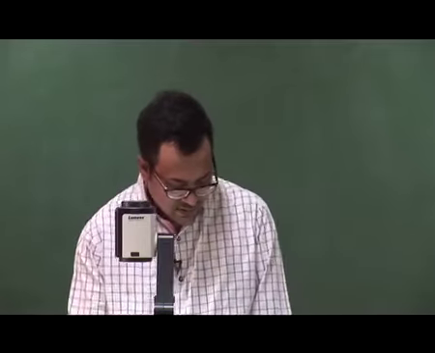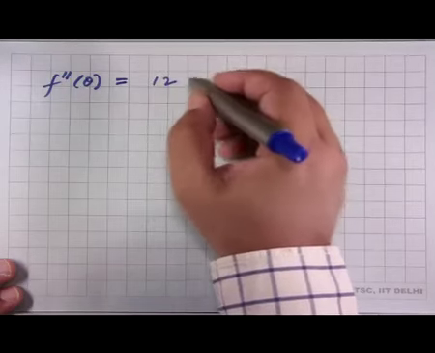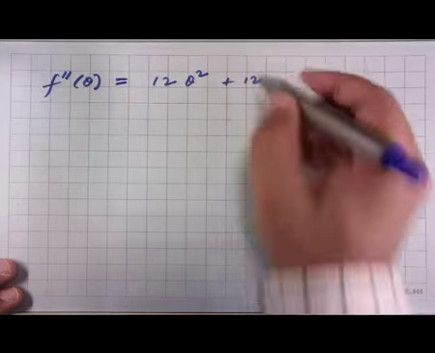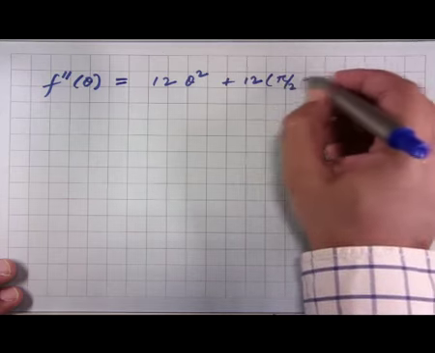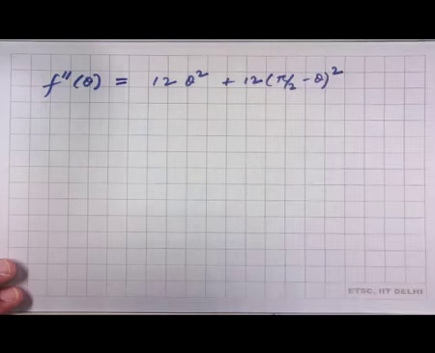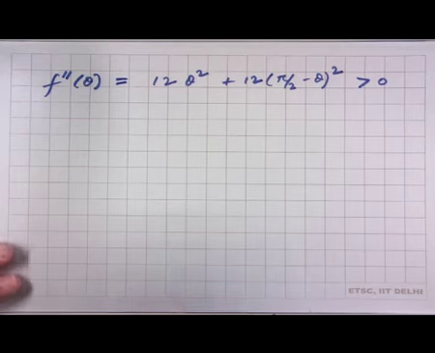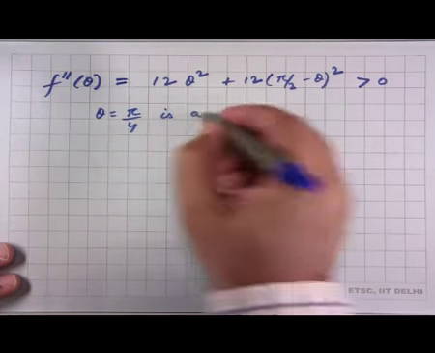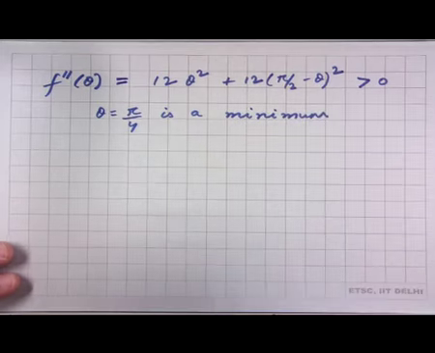Now this second derivative will be equal to 12 times theta square plus 12 times pi by 2 minus theta square, which as you can see is greater than 0, and therefore it is implied that theta equal to pi by 4 is a minimum point.